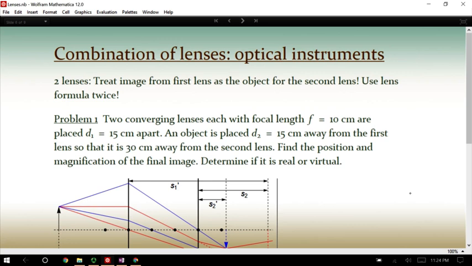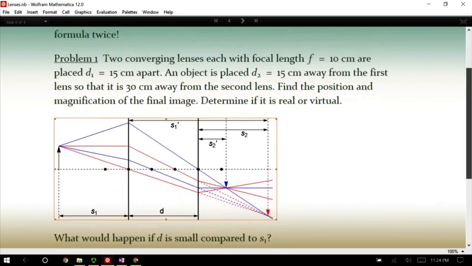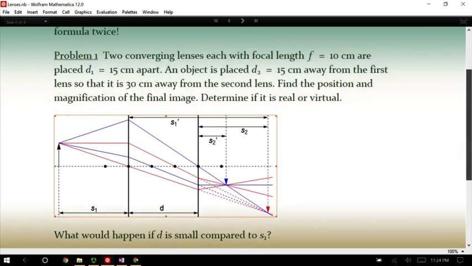Now let's talk about what happens when we combine lenses, and in fact oftentimes we will need to combine lenses for optical instruments. Okay, so here is a good example of a combination of lenses. In this particular picture, I have 4 different rays of light. And you can see there are 2 thin lenses here.